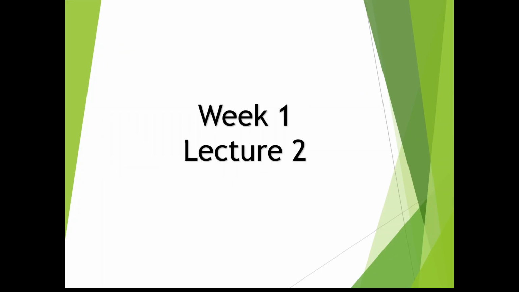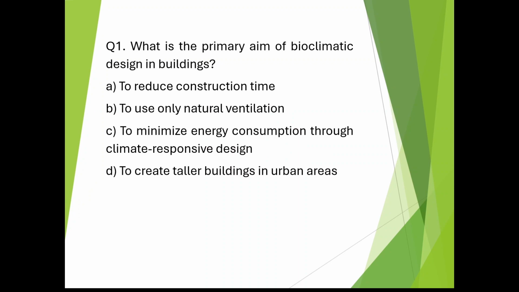Okay, so let's move to the week 1 lecture 2. Some of the important questions for this lecture 2 of week 1, and here is the first question from that series. What is the primary aim of bioclimatic design in buildings? You have studied about the bioclimatic design, which was well explained by ma'am in the lecture of week 1 lecture 2. So what do you understand by that?